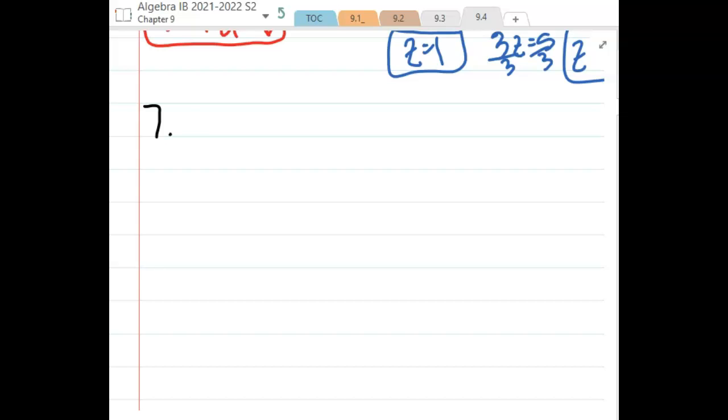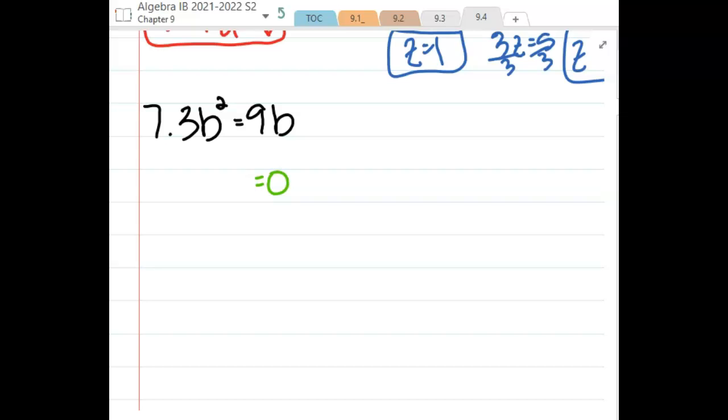So, okay, number 7 says 3b squared equals 9b. Okay, first problem. It's not equal to 0. Okay, remember, your square term needs to be positive.